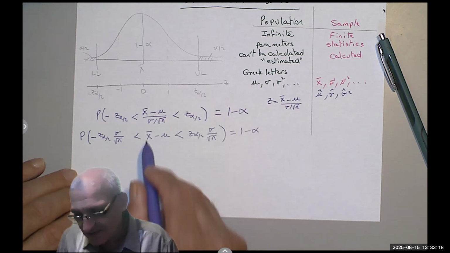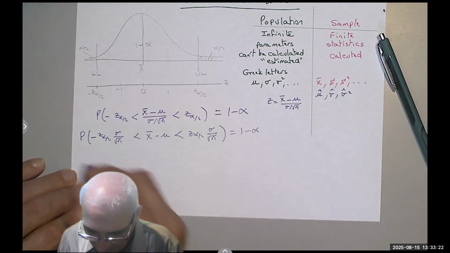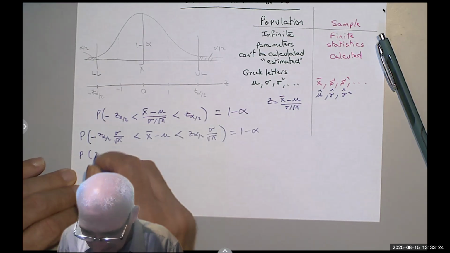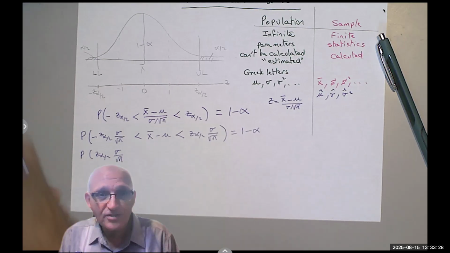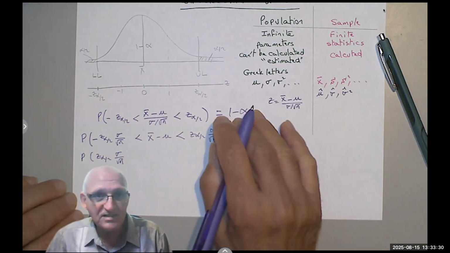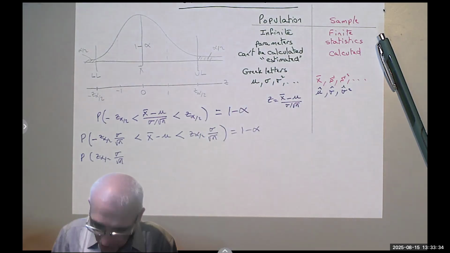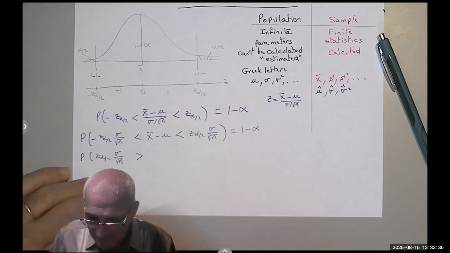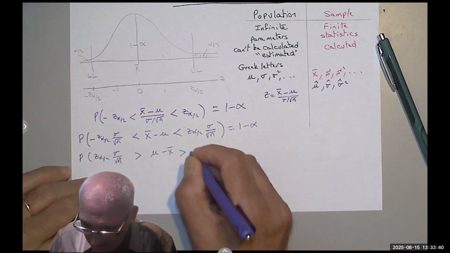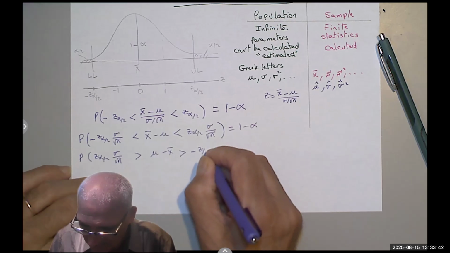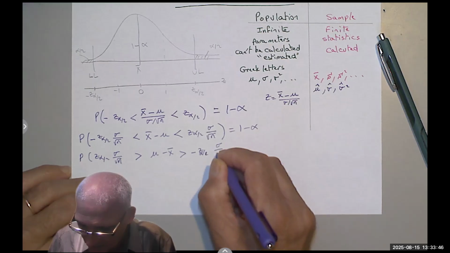You say, but this is x bar minus mu, so let's multiply everything by -1. So that becomes z alpha over 2 sigma over root n. You learned in algebra when you did inequalities that if you multiply by -1, you are switching those guys, right? And this becomes mu minus x bar. And this becomes negative z alpha over 2 times sigma over root n.